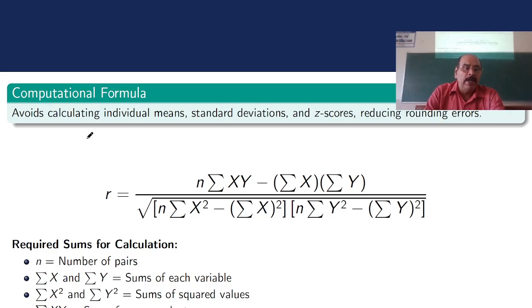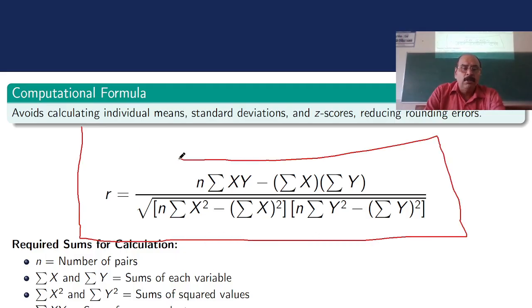So the real way, or the computational method, where you can find the Pearson's coefficient is like this: n sigma xy minus sigma x sigma y, divided by root of n into sigma x square minus sigma x the whole square, into n into sigma y square minus sigma y the whole square.